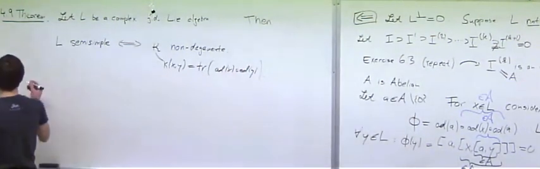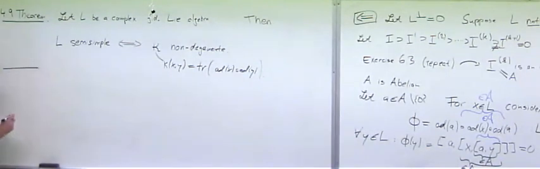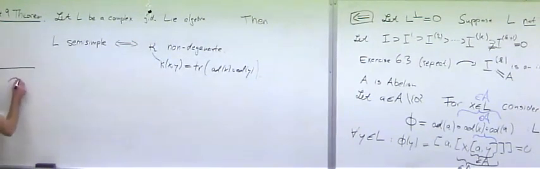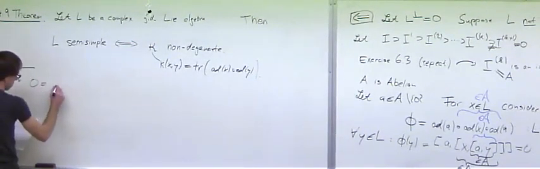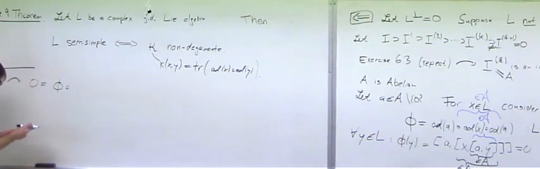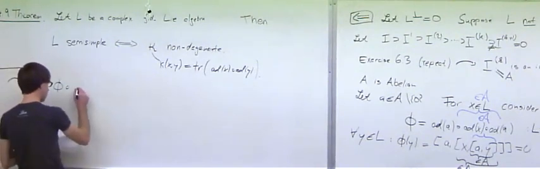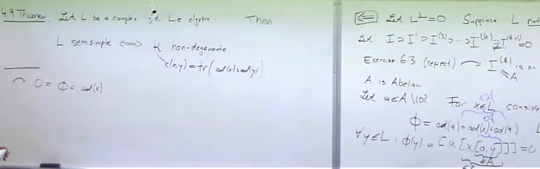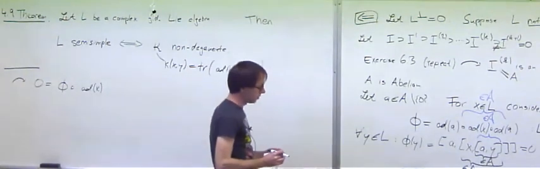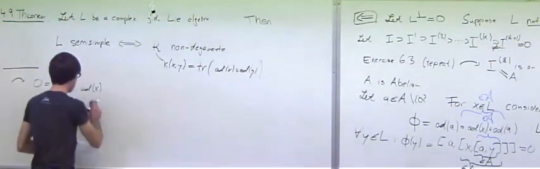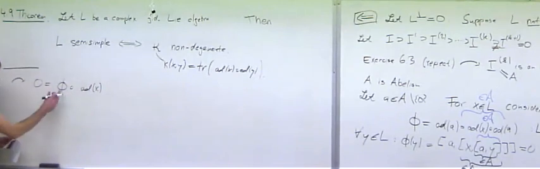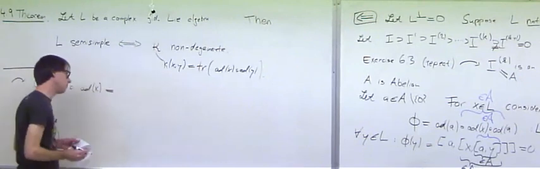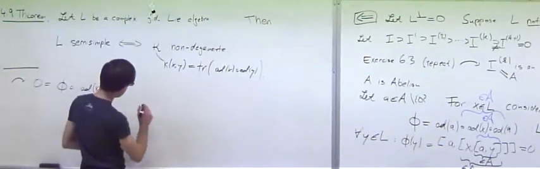Why did we do this? Well, if phi is 0, then certainly if we compose phi with another copy of ad X, this is still a linear operator on the Lie algebra. Of course it's still 0, because the composition of a 0 map with something is 0, and we can write this as follows.